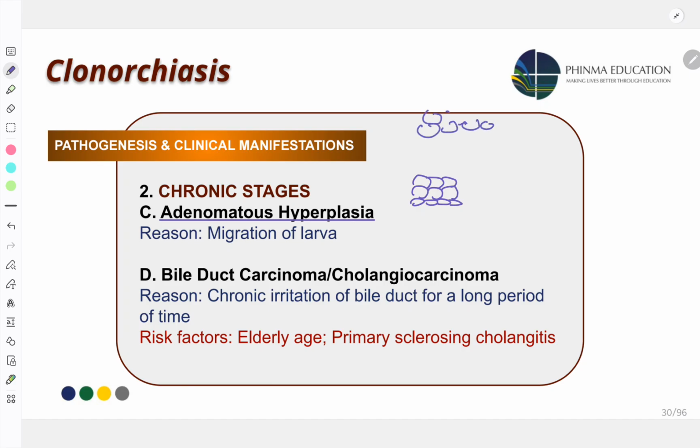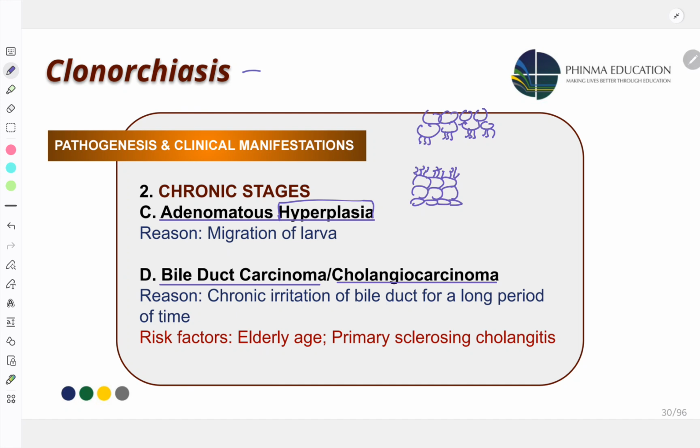Specifically in adenomatous hyperplasia, the cells produced eventually develop villi, and of course that is not normal for the cells found in your bile duct. Eventually, that constant production of cells will lead to bile duct carcinoma, or cholangiocarcinoma. So the chronic irritation or damage caused by the adult worm in your bile duct will eventually lead to cancer.